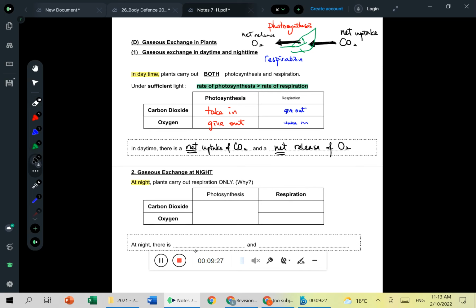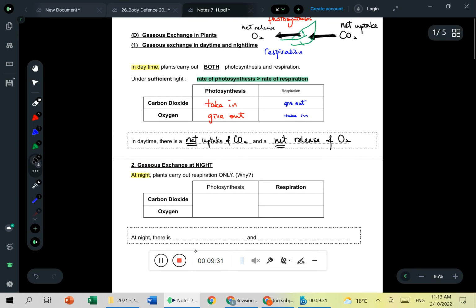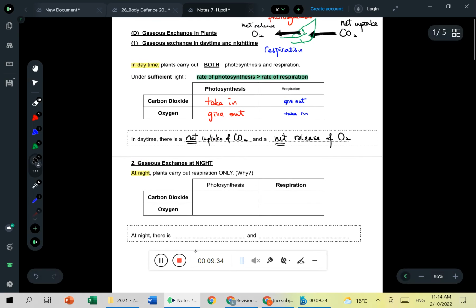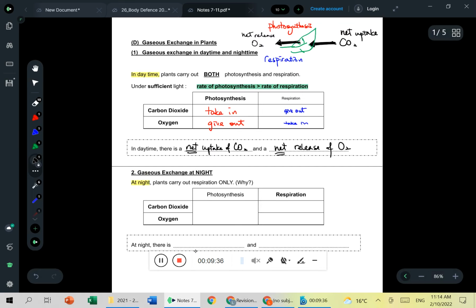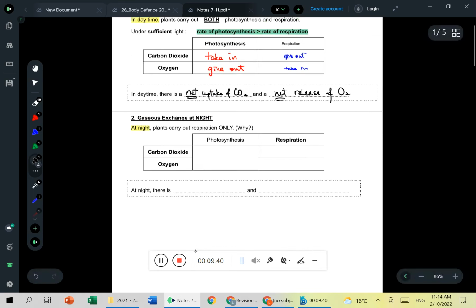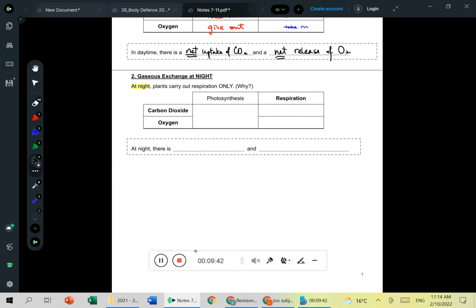So that's what's happening in the daytime. Okay, so let's go to the nighttime then. Nighttime is super easy because there is no photosynthesis at all.